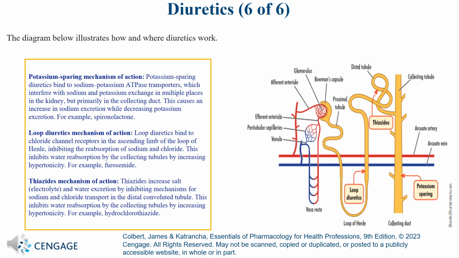All right, so what we're looking at is a diagram of how and where the diuretics work. So we're looking at the first one. It says potassium sparing mechanism of action. Its job is to bind to sodium potassium ATPase or PAS transporters, which interfere with sodium potassium exchange in multiple places, like in your kidney, but it works primarily in the collecting duct.